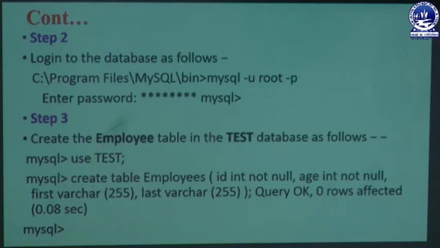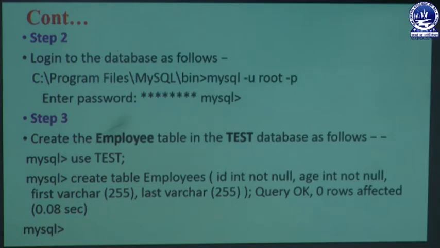If a user wants to change the database, generally the user continues data access in the EMP database, but can change the database using the command use. We want to use the test database, so we type use test. Automatically the test database is opened.